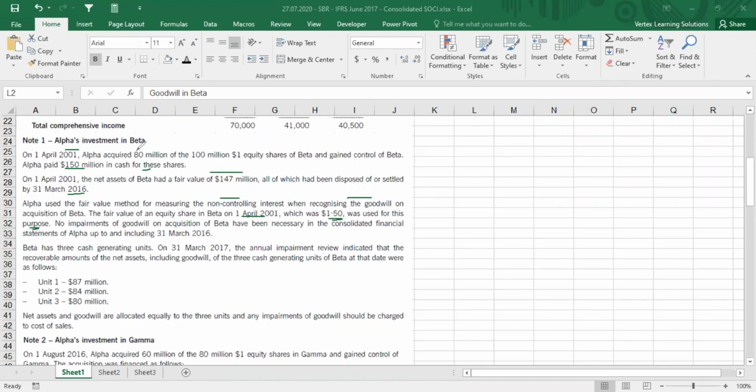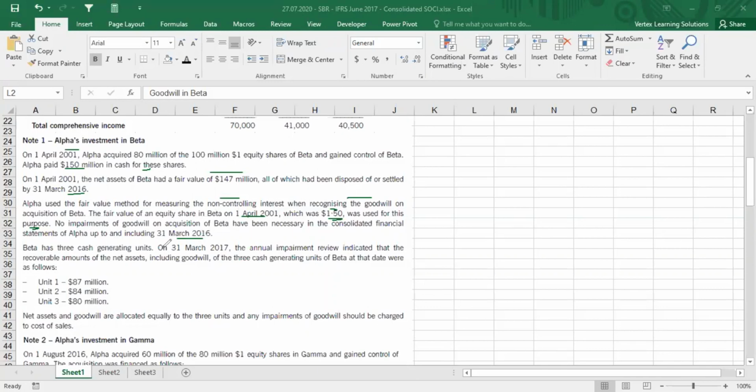So NCI we are going to calculate. So there is 20% NCI. So 20% multiplied by the number of shares multiplied by $1.5, this would be NCI. No impairment of goodwill on acquisition of beta has been necessary in the consolidated financial statement up to 31st March.